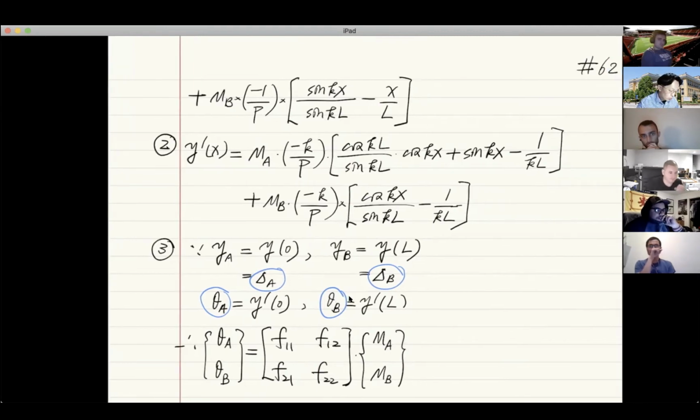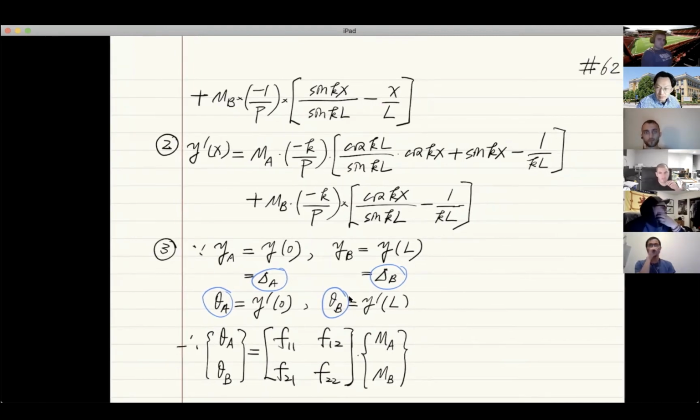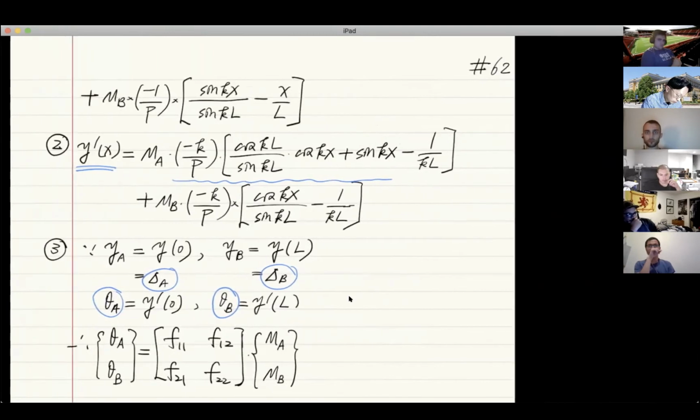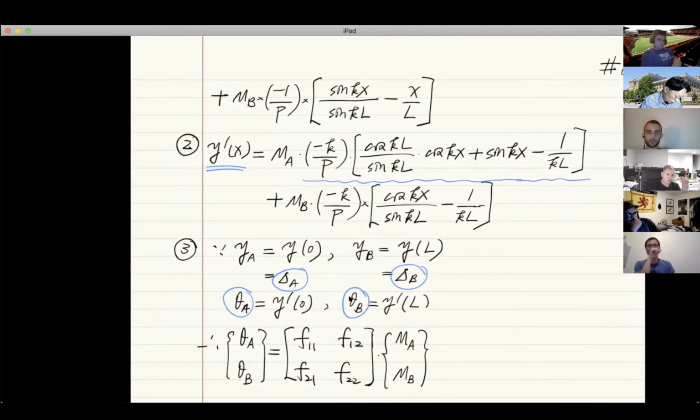That means when you plug in x to be 0 in y prime of x, you're going to get the expression of theta A. And whatever the coefficient associated with MA here goes to F11. Is that clear? Now, whatever the coefficient associated with MB goes to F12. This is important.